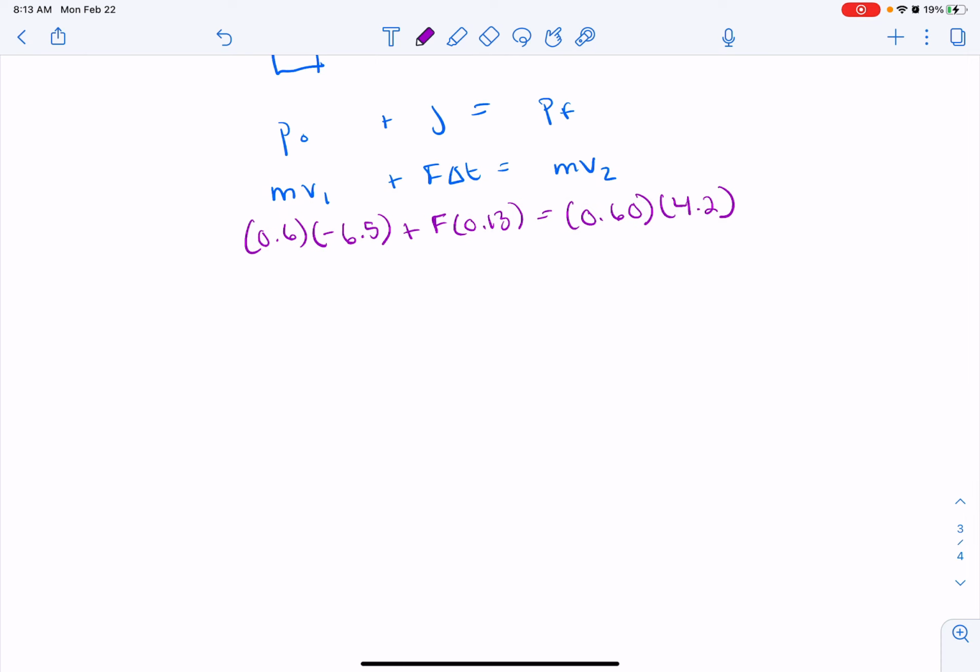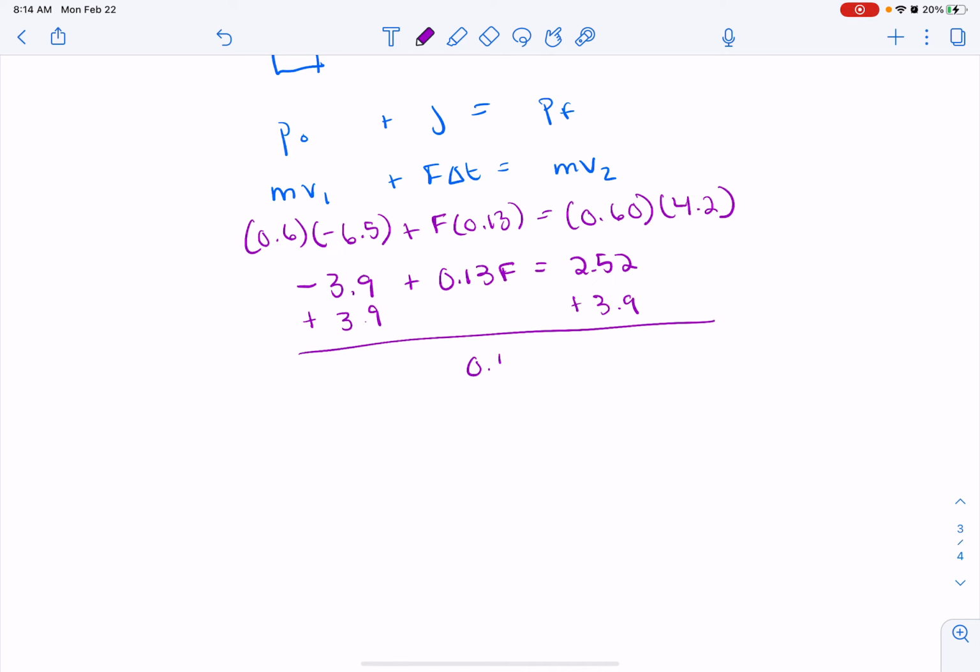So again, putting this in my calculator, I'm going to do 0.6 times negative 6.5, and I get negative 3.9 plus 0.13F. And if I put in my calculator 0.6 times 4.2, I get 2.52. So now I'm going to add 3.9 to both sides.